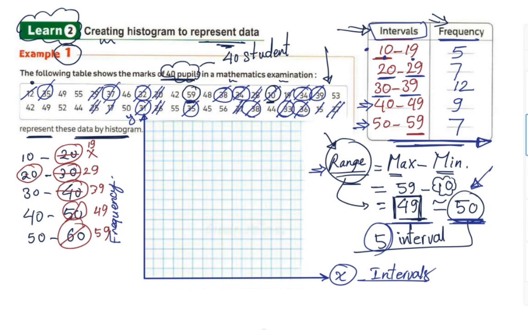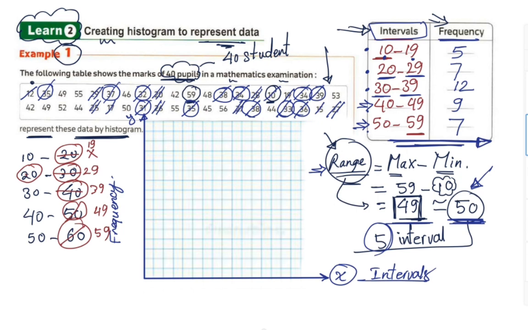So we have 1 column, 2 columns, 3, 4, 5 columns as the number of intervals. But each interval may be 1 column or 2 columns. But don't forget, each column is beside the other one. Just beside. There is no gap between the first column and the second column, between the second column and the third column.